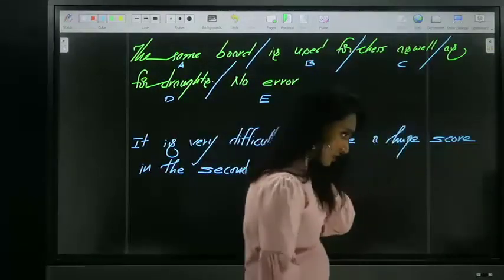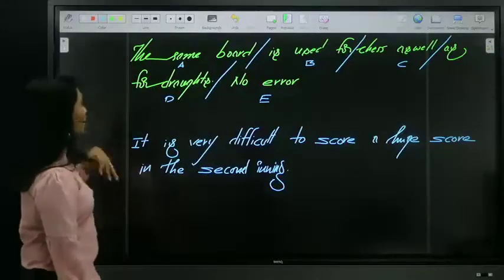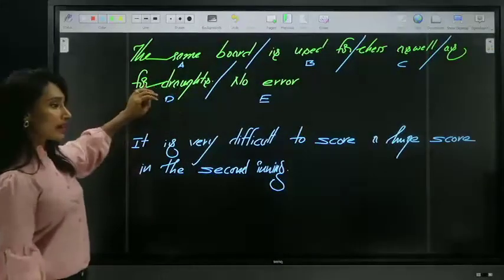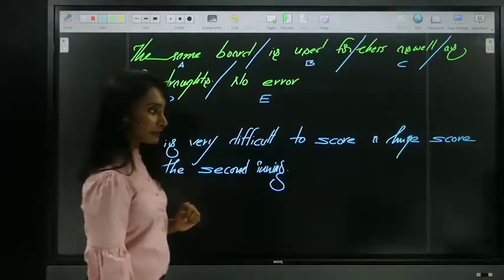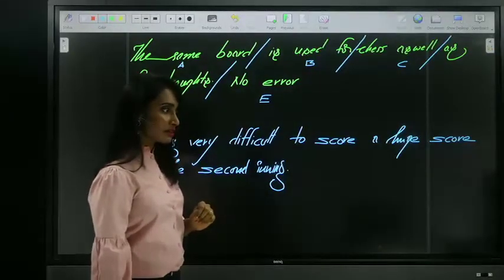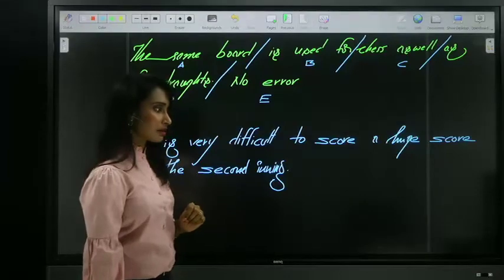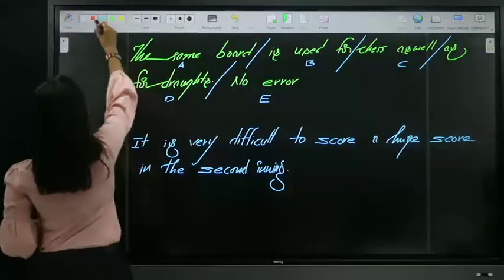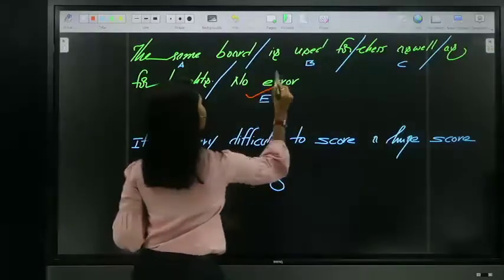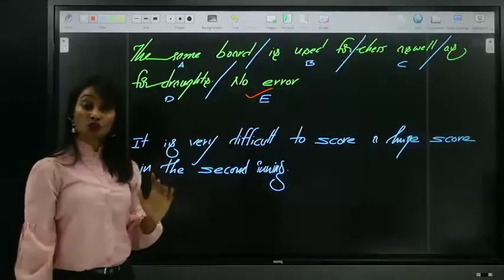The answer is D. Okay, Angela found that there is an error in D. Any other answers? Any other answer from anyone? Fine. The answer is option E. There is no error in the sentence.